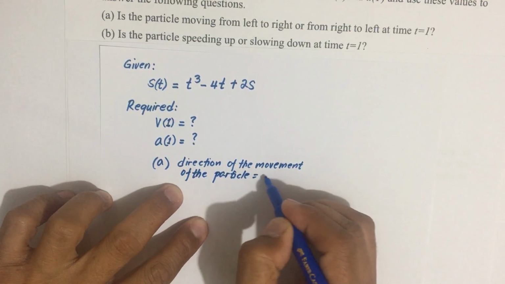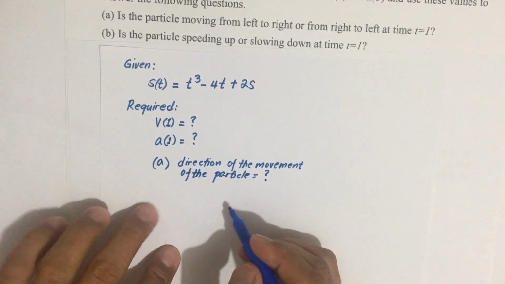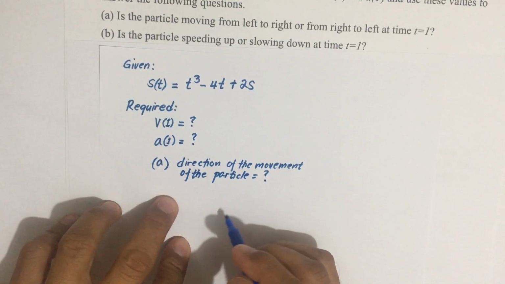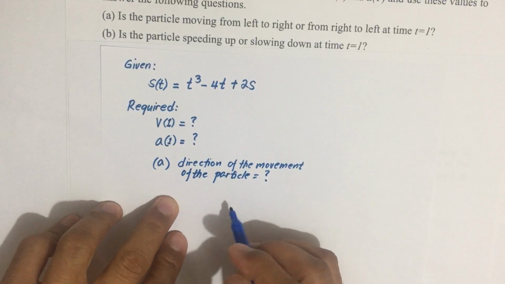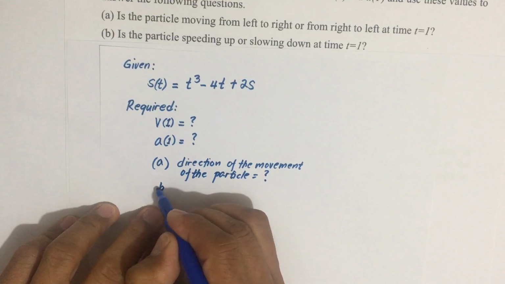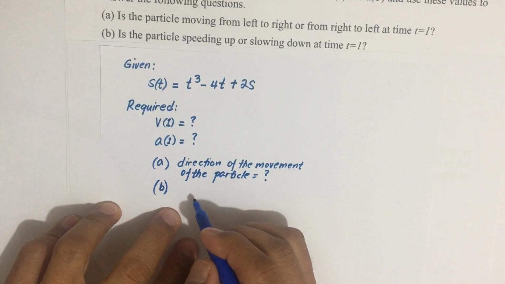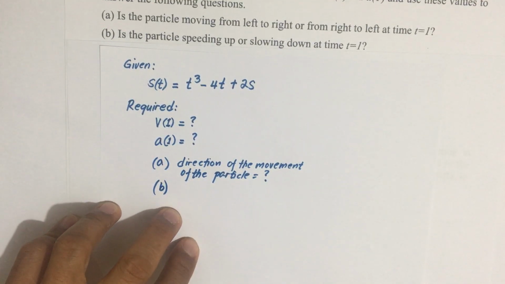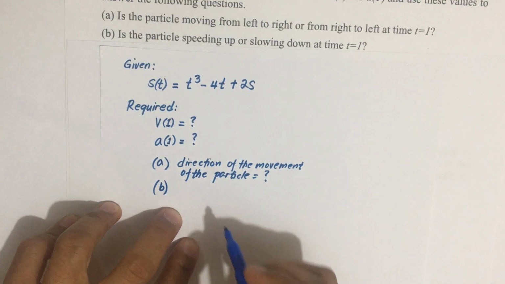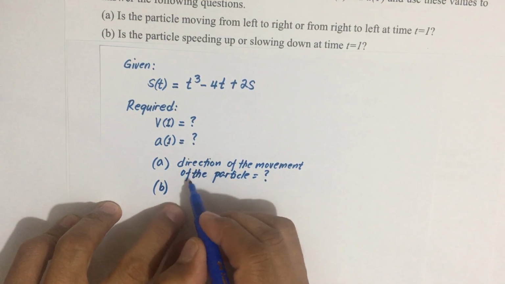Okay, so we are asked to find out whether the particle moves from left to right or from right to left. And then for B, is the particle speeding up or slowing down at time t equal to 1?